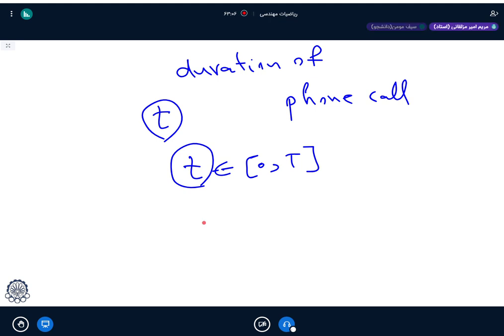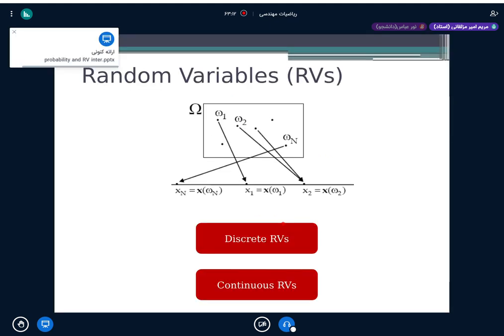Continuous. Yes, again, t is a continuous random variable. Any question about continuous or discrete random variables?